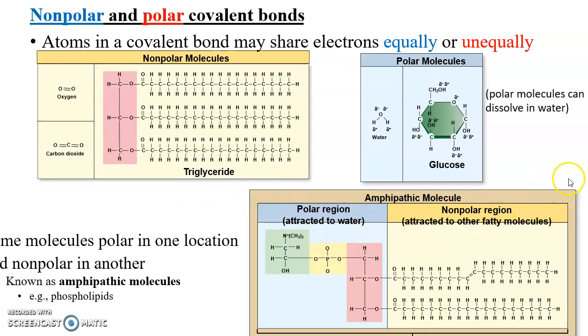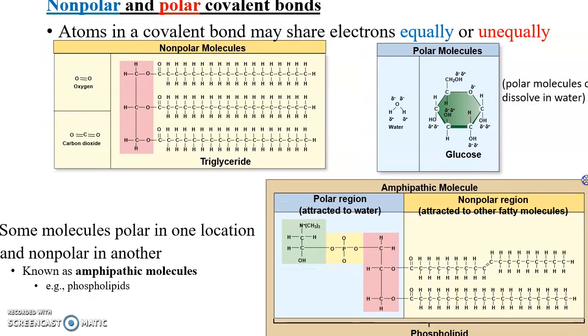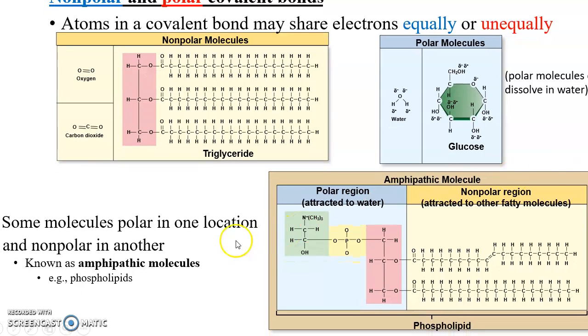Turns out there are some molecules out there that are amphipathic. Amphipathic means that it has part of it that is polar and part of it that is nonpolar. So for instance, phospholipids, a very important molecule found in our bodies, is amphipathic.